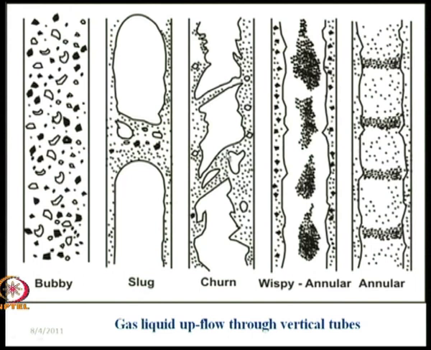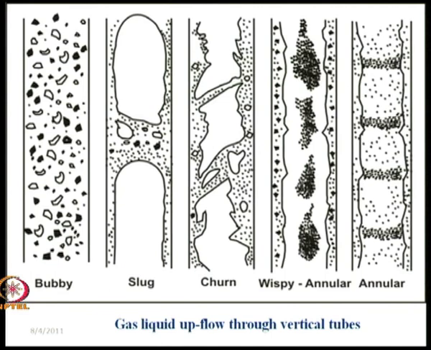Now, again you keep on increasing the flow rate. What happens? These bubbles become larger and larger. As they become larger and larger, they become unstable, and then finally a situation arises when these bubbles get sheared, they get broken up, and they keep on oscillating up and down in the flow passage, and they present a totally chaotic and random flow distribution, which is termed as the churn flow pattern. Okay.